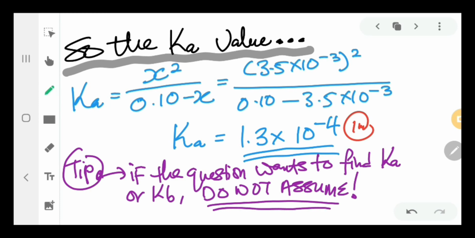Okay, so that's a very good tip. If the question gives you Ka or Kb, then you have to look at the value first. Is it very small? Is it small enough for you to assume?